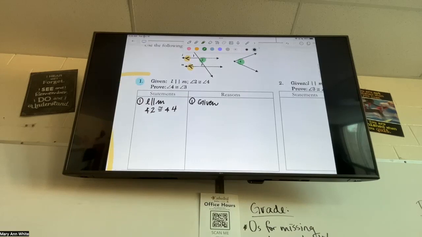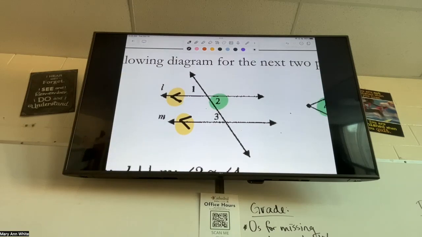Do you see if 3 is congruent to something already? Three and what other angle do I already know are congruent? Sam? 3 and 1 are congruent.